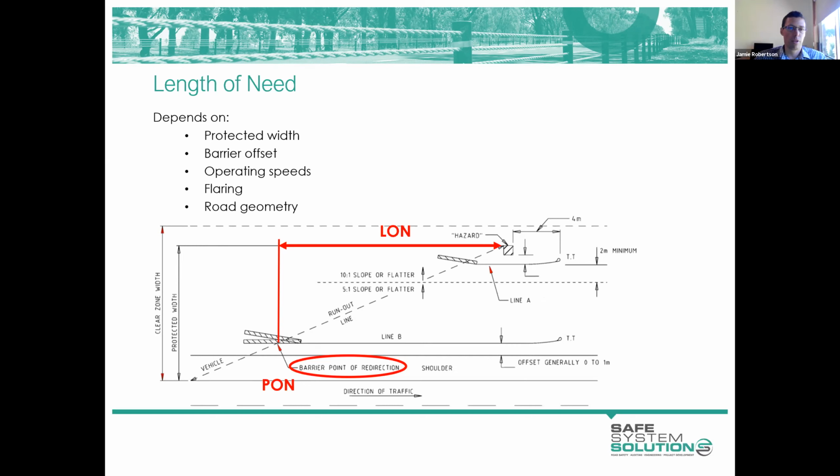Our barrier offset affects our length of need, how long our barrier needs to be. If our barrier is quite close to the edge of the road, as per this one, it needs to be quite long. If our barrier was pushed back near to the hazard, we could get away with a relatively short barrier to do the same job.